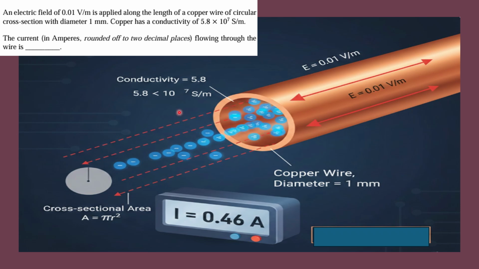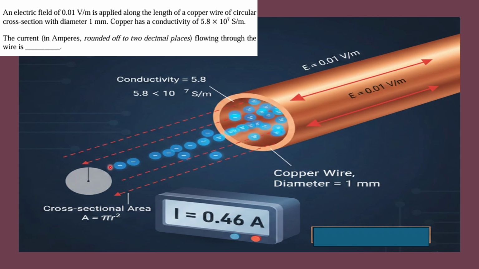Once we get the area, and once we find J, that is conductivity and E, then we can easily find the current. So this is the technique. Finally you will get the current, that is 0.46, right? In this question, what quantities have been given? Your conductivity has already been given, and J is equal to conductivity into electric field, and the electric field is also given.